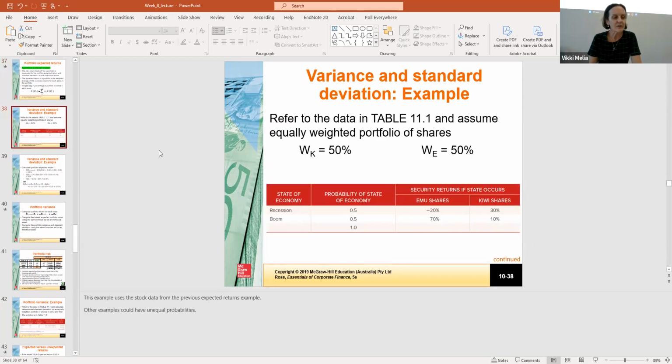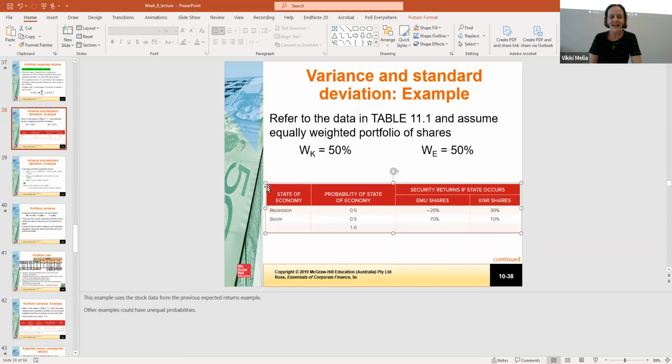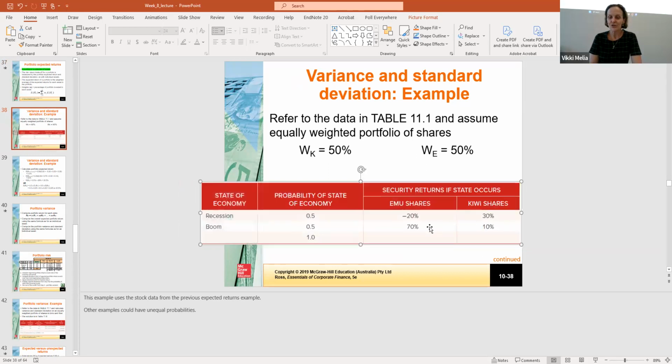So if we have a look at an example here, let's say we wanted to calculate the expected return from our portfolio. We've got these same 2 assets. We've got the EMU shares and the Kiwi shares.